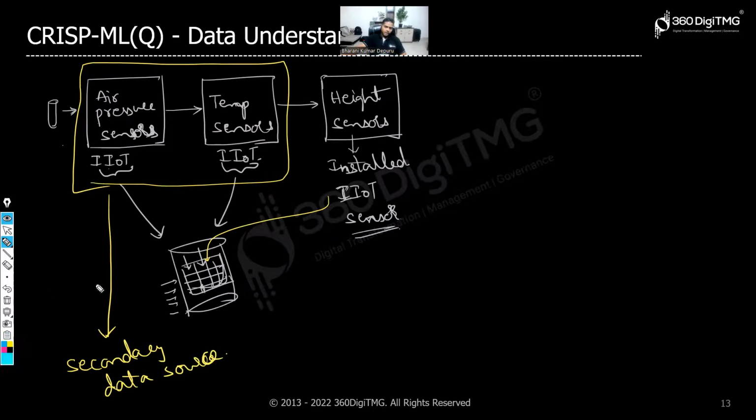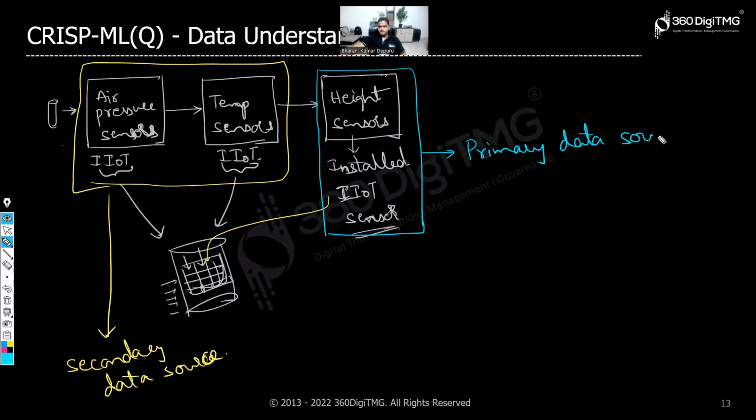However, since we have now gone ahead and installed the height sensor, this is called a primary data source. So this IoT sensor is a primary data source. So you have secondary data sources and then you have primary data sources.